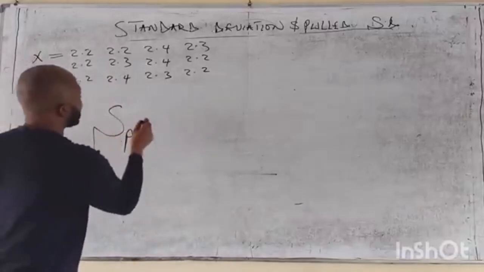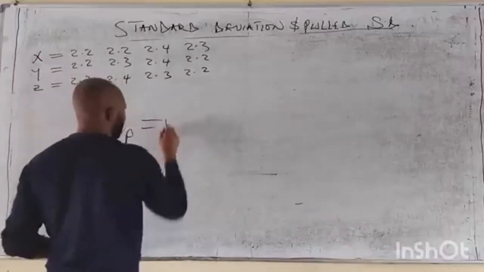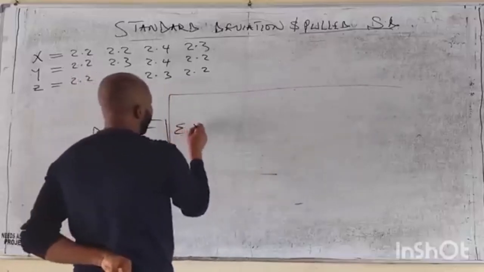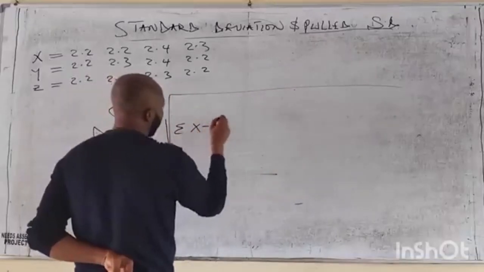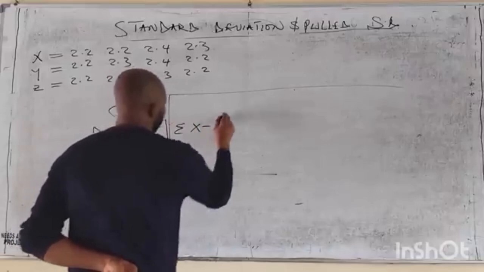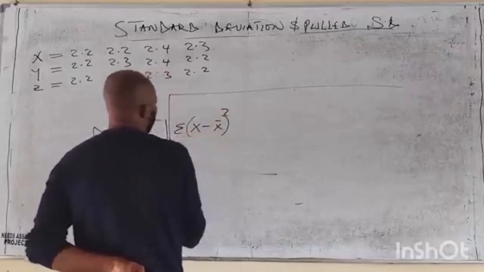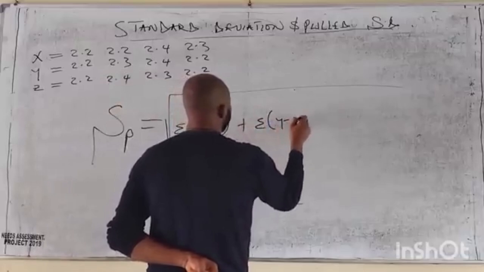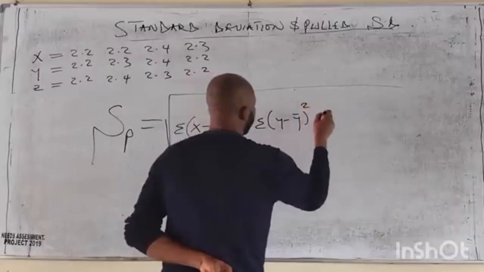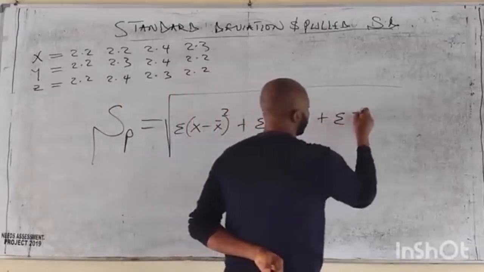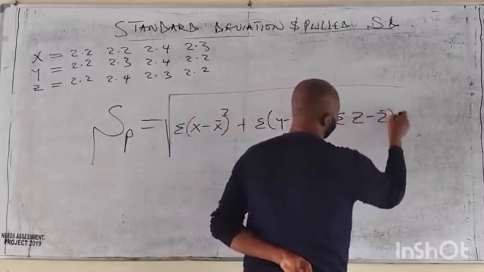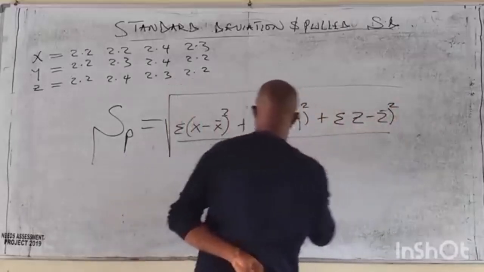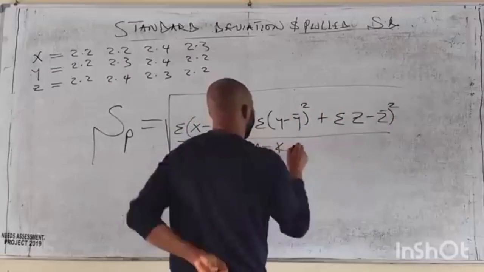Pooled standard deviation is equal to the summation of (x minus x bar) squared plus the summation of (y minus y bar) squared plus the summation of (z minus z bar) squared, all over n minus k.